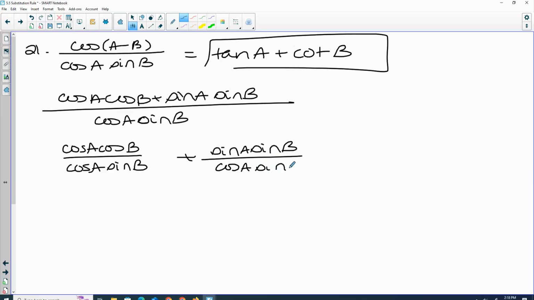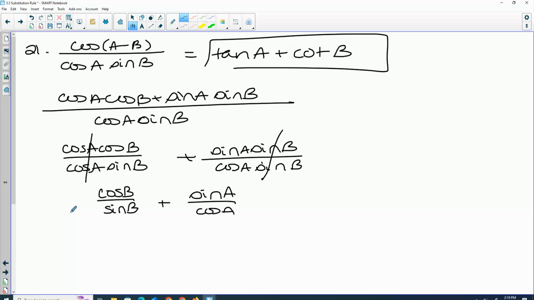When we do that, what happens? Drop a cosine A, sine B there. So when I'm left, cosine B over sine B, sine A over cosine. This is the point where you do have to know a formula.